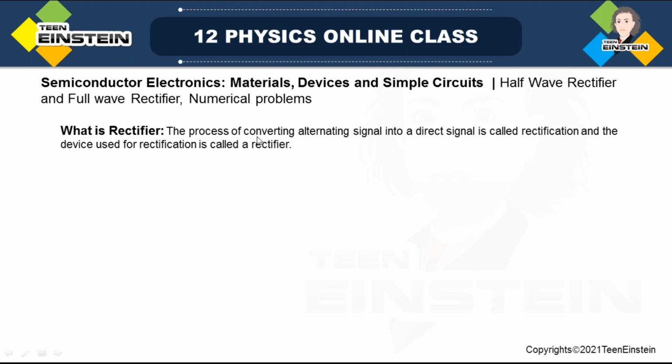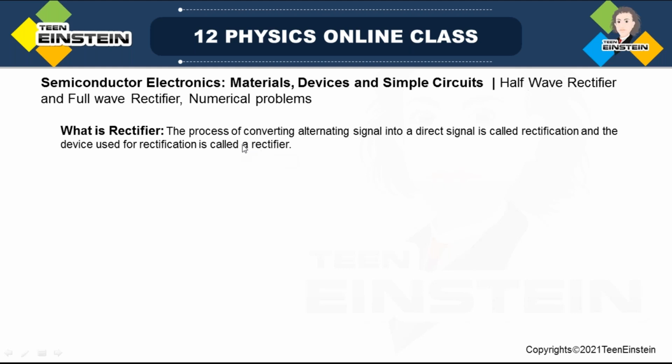Application is the rectification. We can use PN junction diode as rectifier. We'll learn what a rectifier is and all those things. And finally we'll take a few numerical examples based on the concept we have learned so far, basically with the diodes, PN junction diodes.